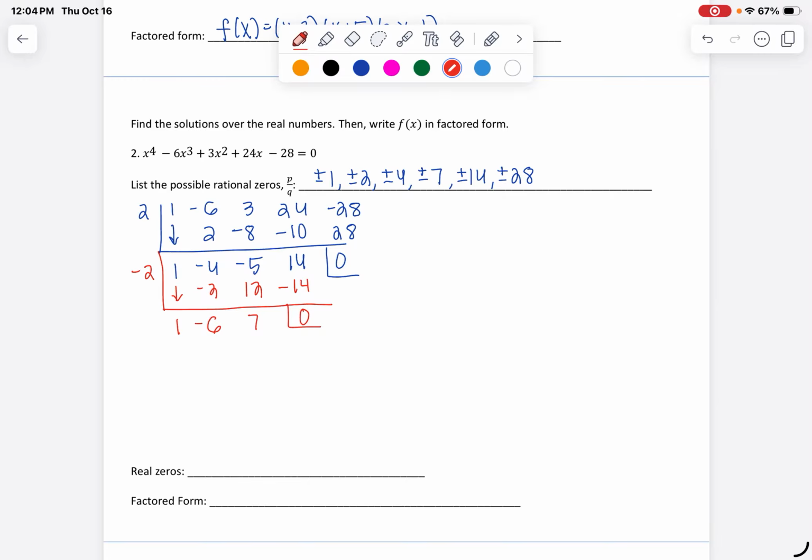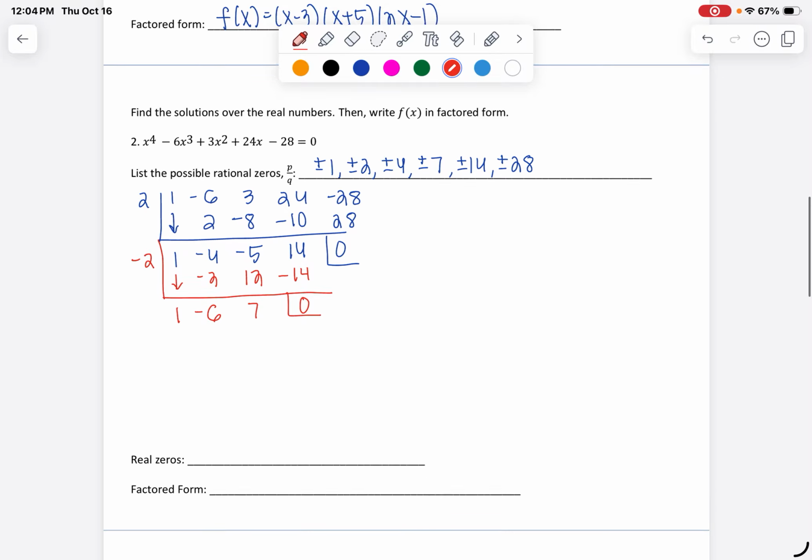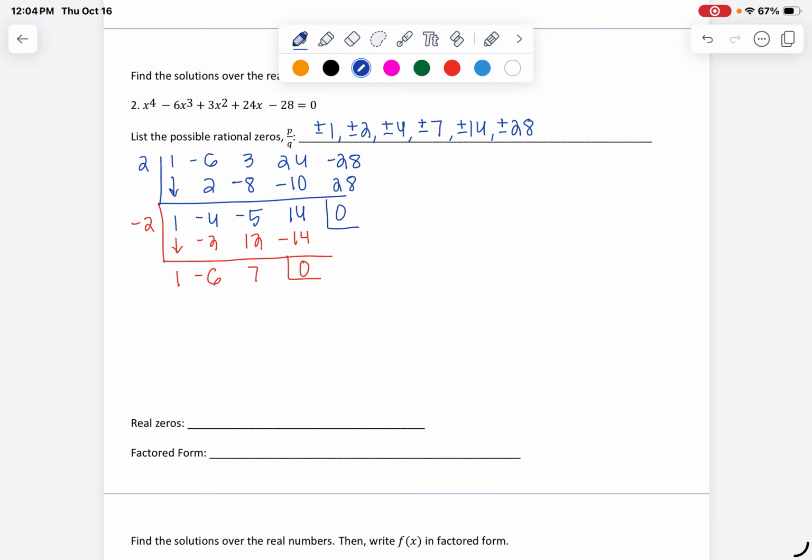Okay, so now I haven't written down my zeros, but I have x equals 2, x equals -2, right? And I have 3 factors so far. It doesn't say f of x, so does this even ask me for factored form? It does. I don't have to put f of x equals because it's not called f of x.